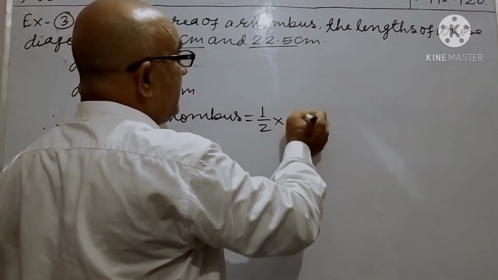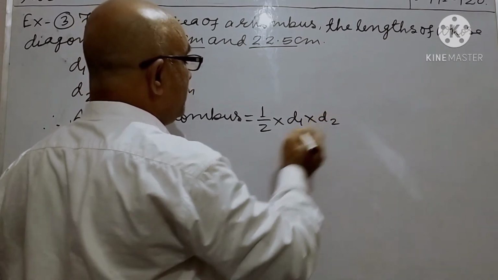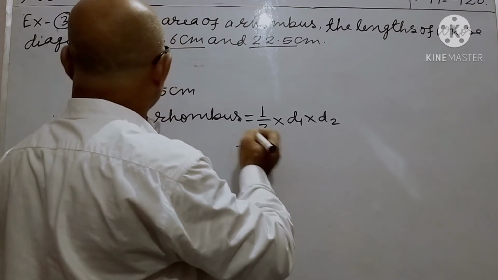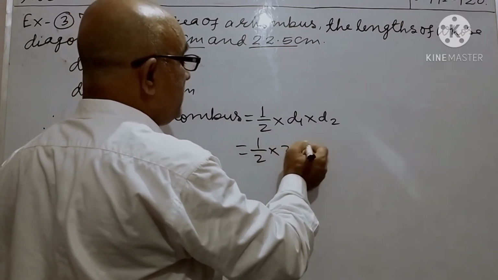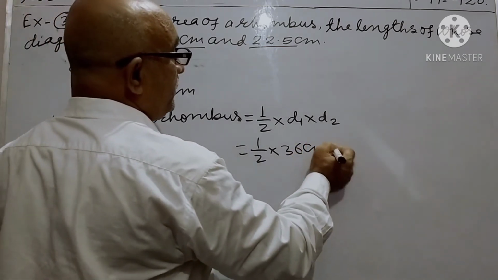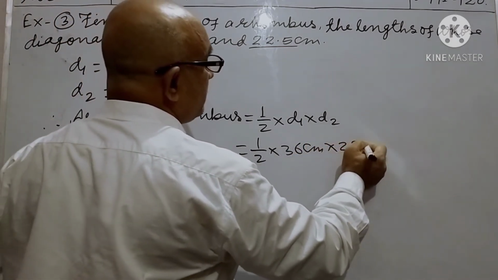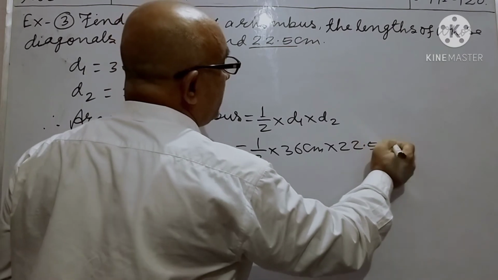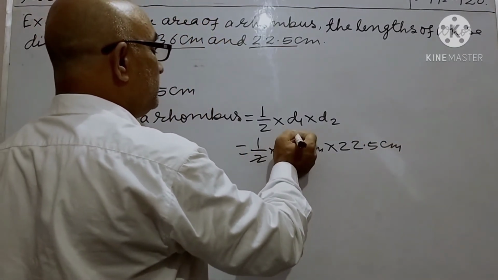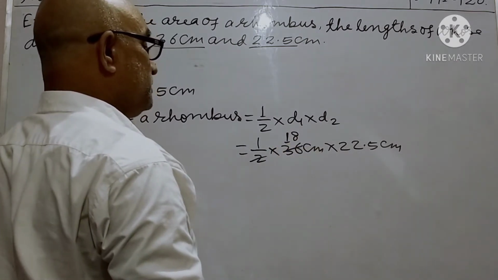That means 1 by 2 into D1 into D2 equal to 1 by 2 into 36 cm into 22.5 cm. Half of 36 is 18.